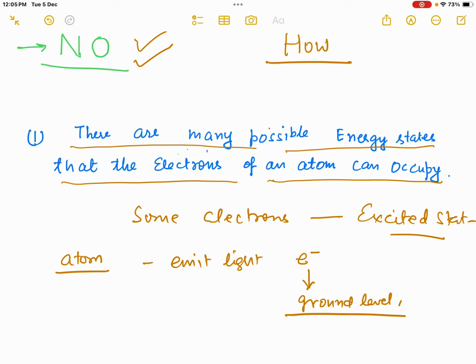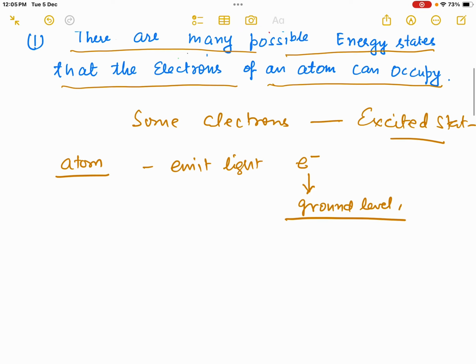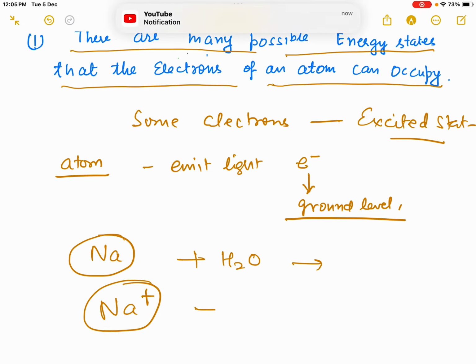Even the chemical bonding of two atoms will be different. See, if we take a sodium atom, it will react violently with water. But if we have an ion of sodium, it will simply dissolve in water.